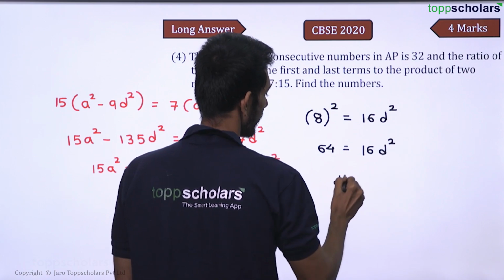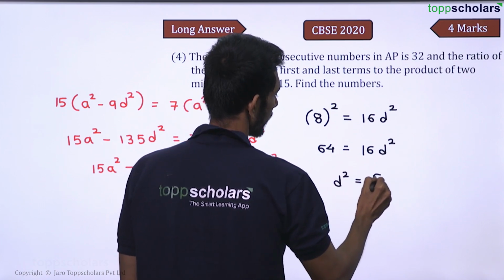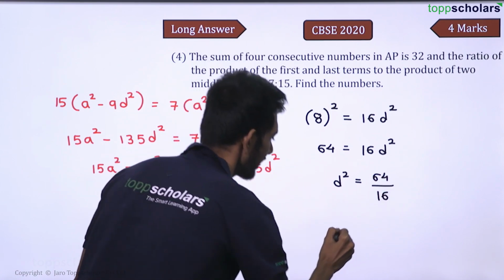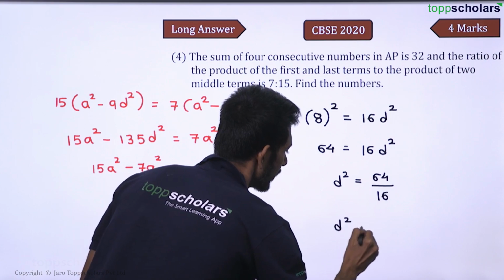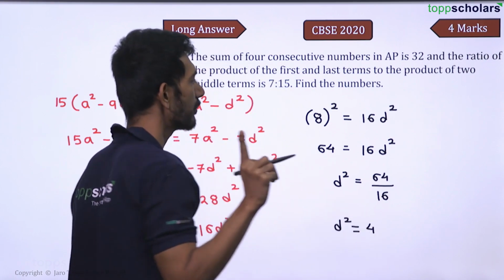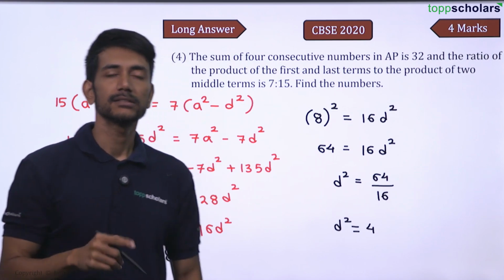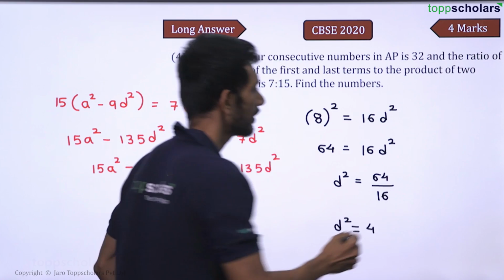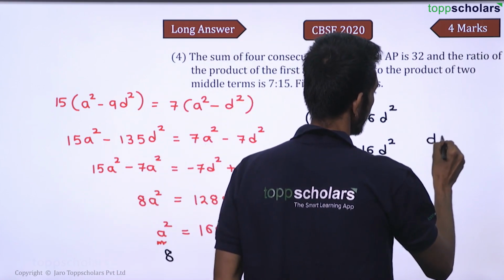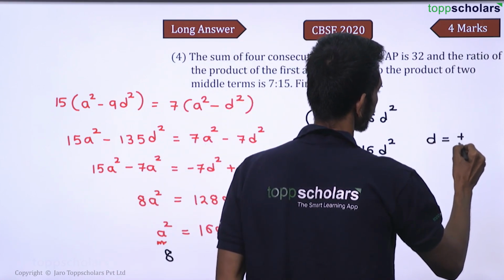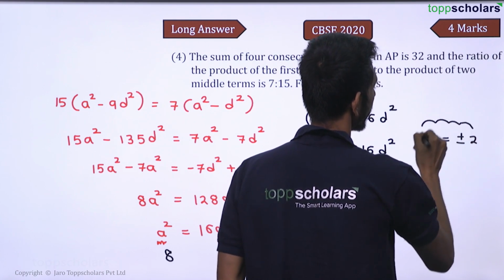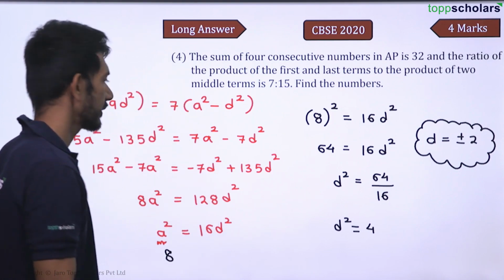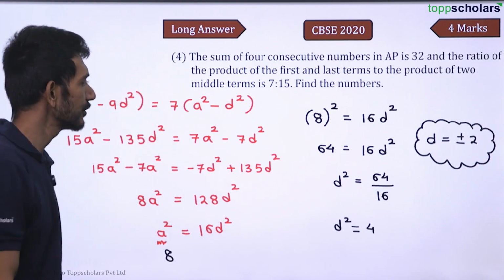So can I say d square is equal to 64 divided by 16. So can I say d square is equal to 4. Always remember, never make a mistake in this. D can be positive, D can be negative. So we have to take both the values of D. So can I say D is equal to plus or minus 2. So D is equal to plus or minus 2. Are you getting this? Simple.